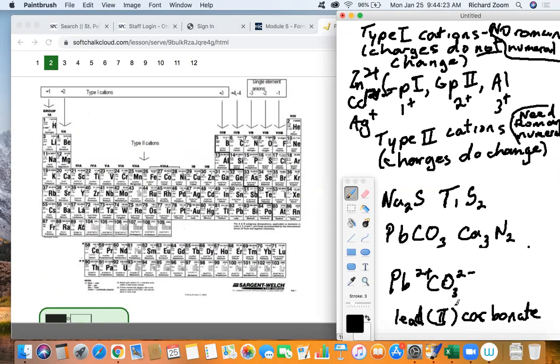And it's necessary to have the 2 here because lead is not one of these type 1 cations. And again, the 2 is for the charge on the lead, not how many leads there are. Does anybody have any questions?